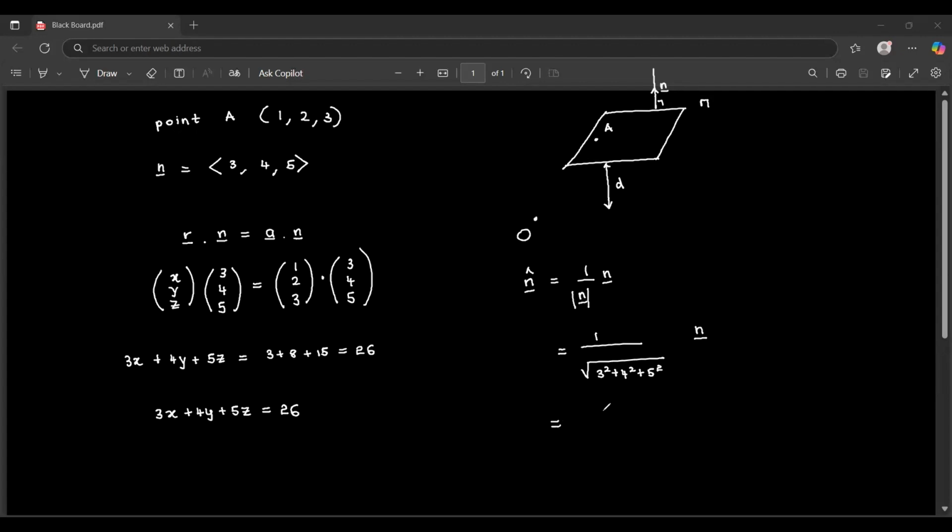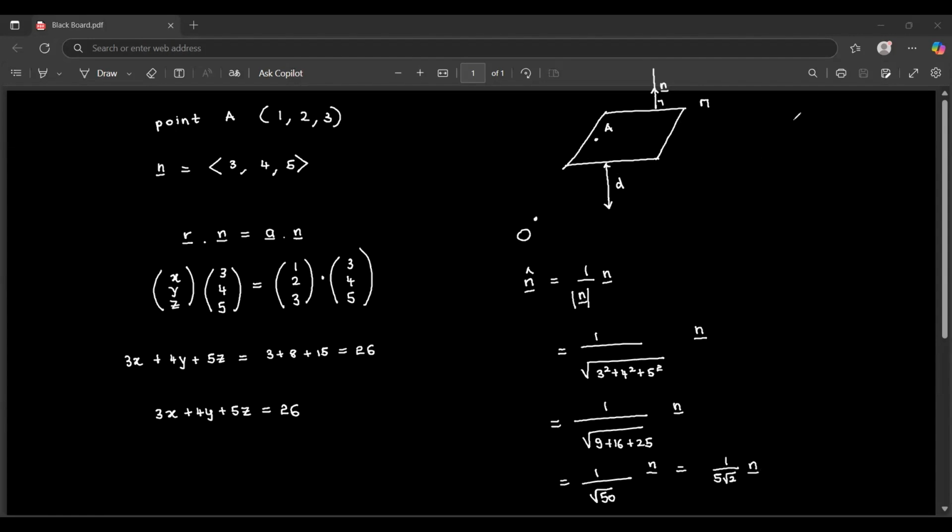So that is 1 over square root of 9 plus 16 plus 25, which is 1 over square root of 50, that is 1 over 5 root 2, into n.